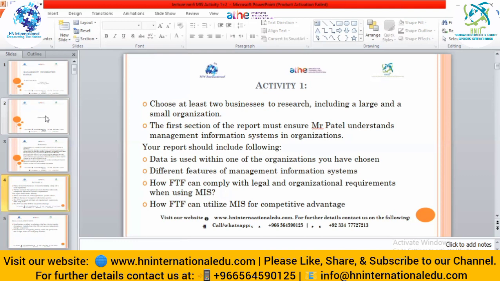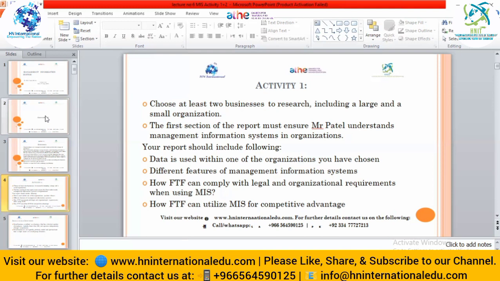Then we have to explain in that report what the legal compliance is and how they can fulfill all the legal formalities by using the management information system. And then we have to discuss how FTF can utilize management information system for competitive advantage.